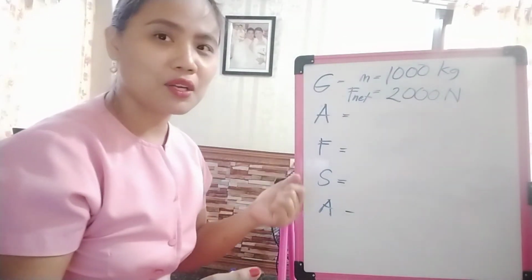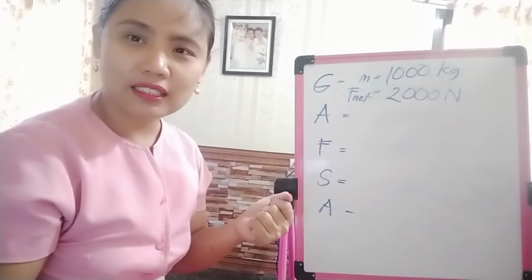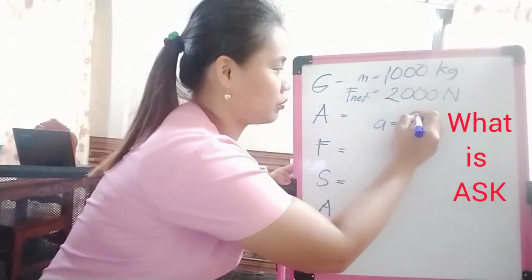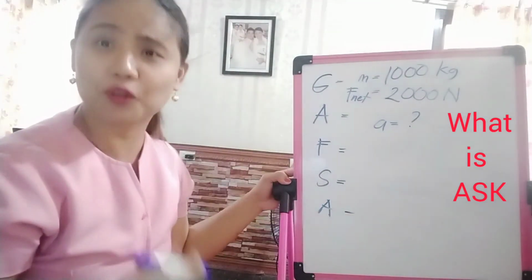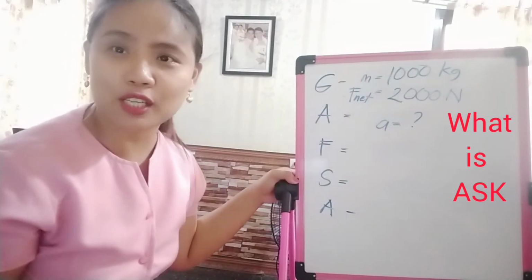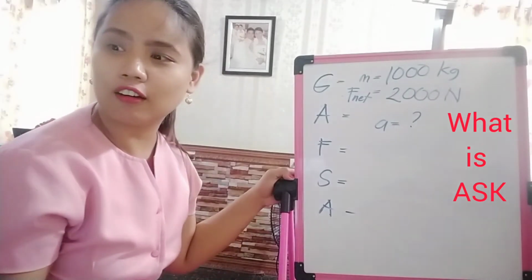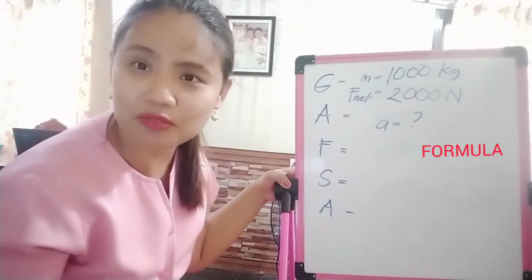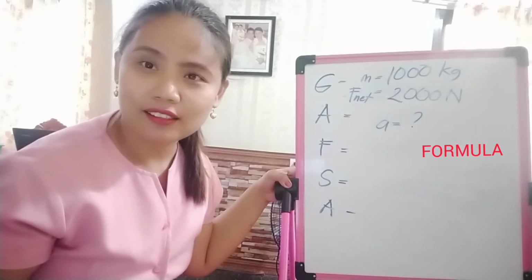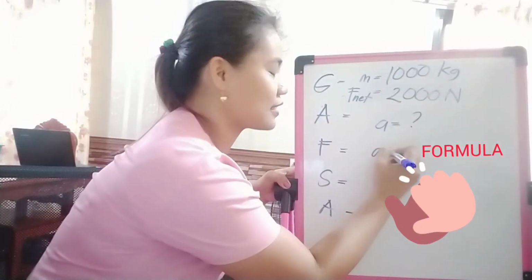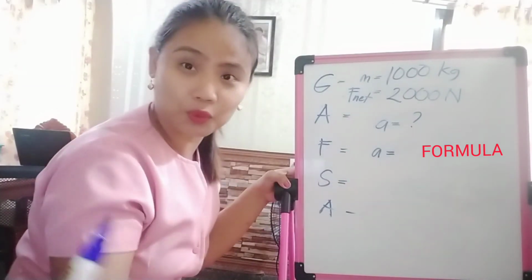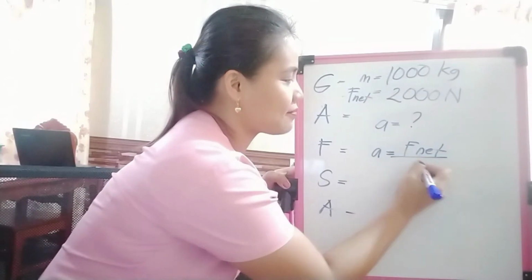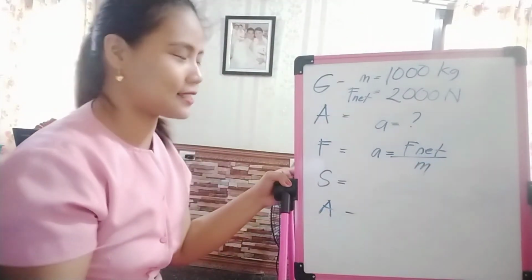Next is, we have to write what is asked. So, alam nyo na yan. We have to look for, or solve for, or compute for the acceleration of the truck. Then, the formula. Can you recall the formula? Very good. You have acceleration is equal to net force divided by mass.